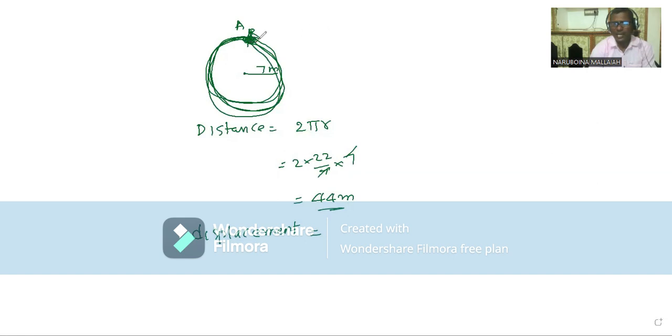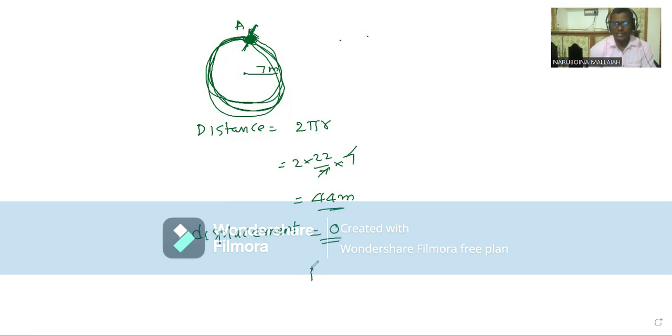That means the earlier position and final position are same. There is no gap, so displacement is zero.